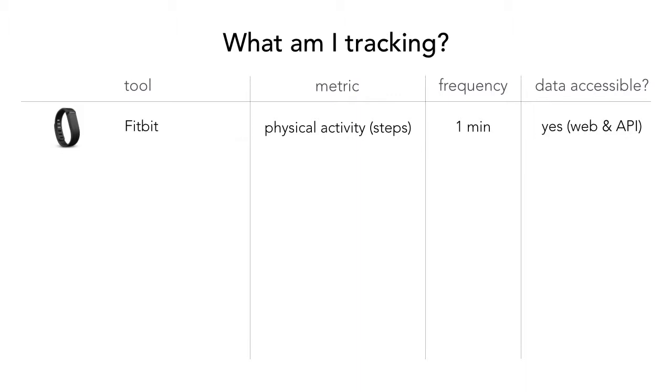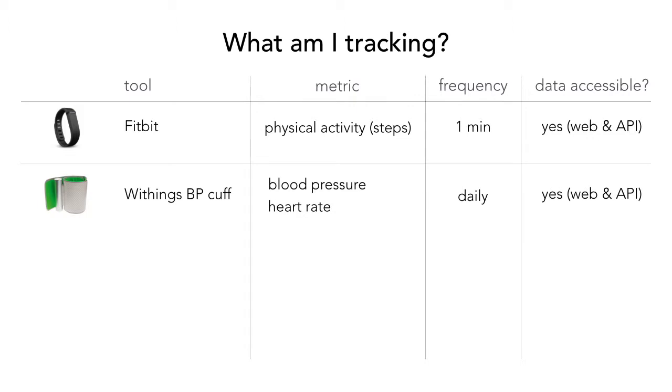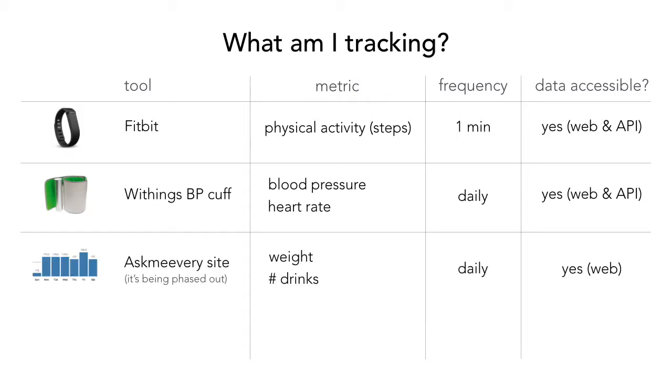I've also been collecting my blood pressure and heart rate daily for about a year with the Withings blood pressure cuff. There is a website. Unfortunately, they're phasing it out, so they're not taking any new members or users. It's called Ask Me Every, and it's pretty cool. It's very simple.